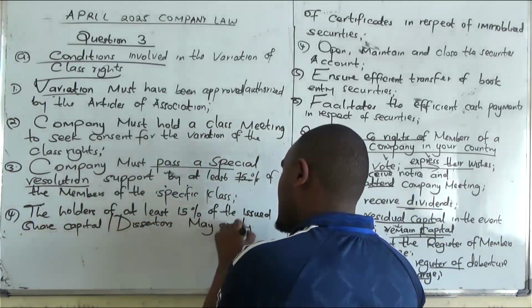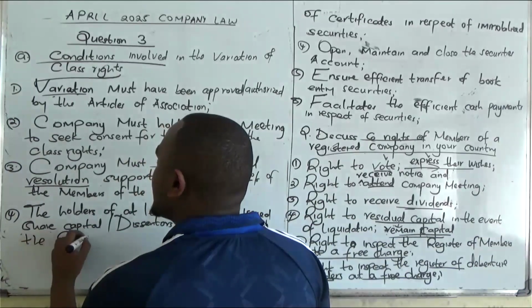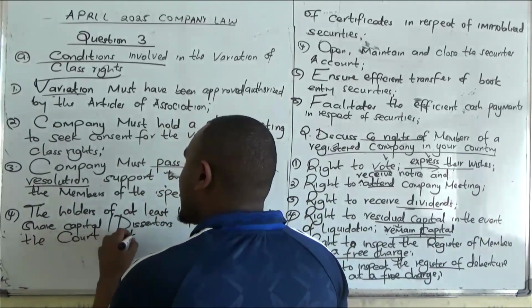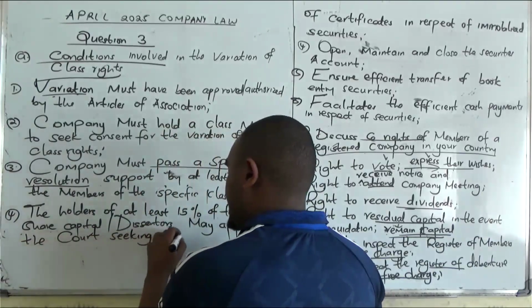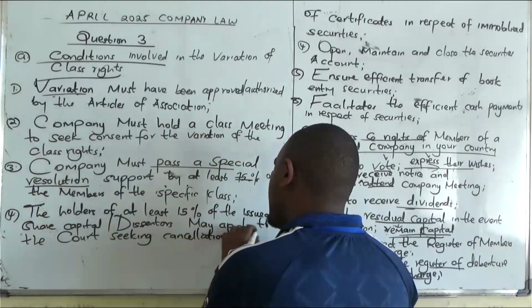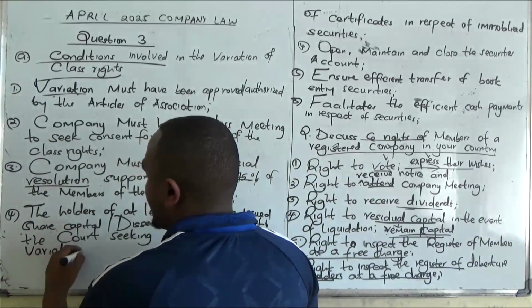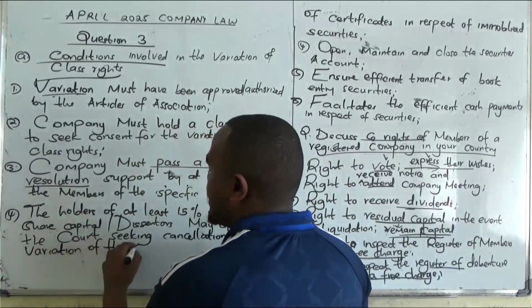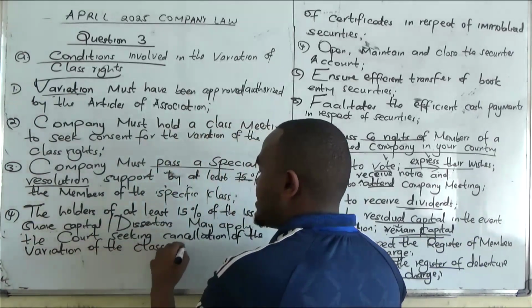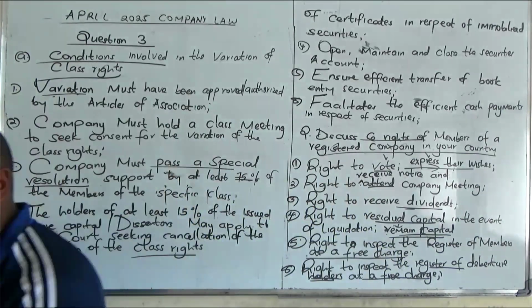The High Court. Even if they don't tell us the High Court, just say I may apply to the court, seeking cancellation of the variation of the class rights. That is how we accommodate them.